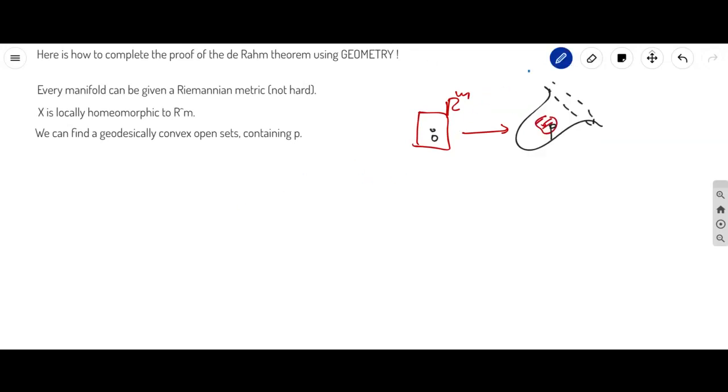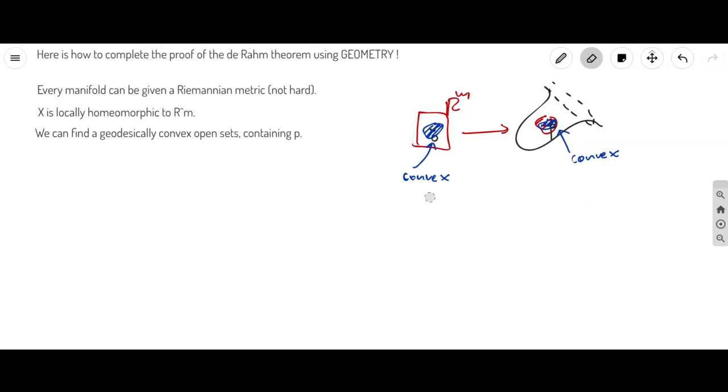But because we have geometry, and there's a known fact in Riemannian geometry that you have these geodesics locally, you can find a smaller open set that is going to be geodesically convex. Now here's the whole point. This is convex on the Riemannian manifold. This will actually be convex in Euclidean space.